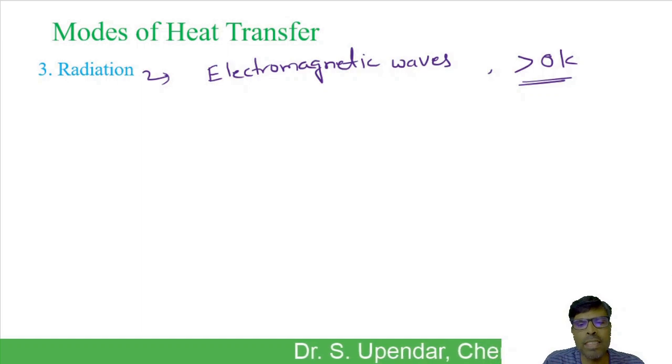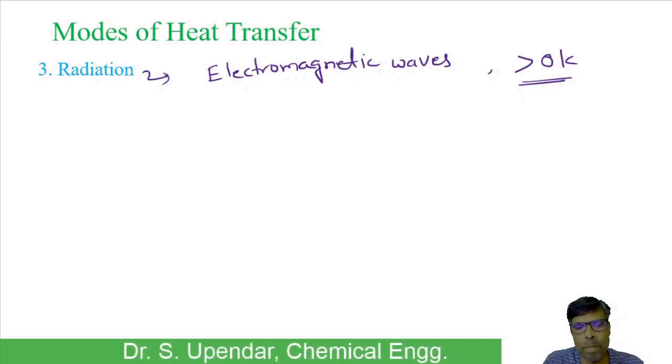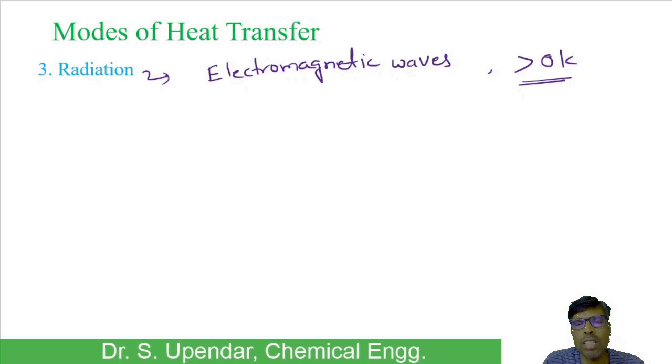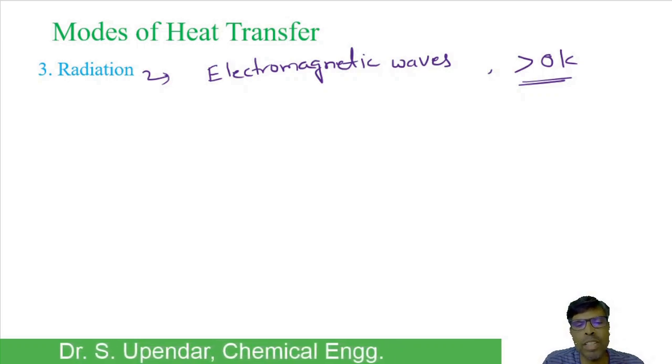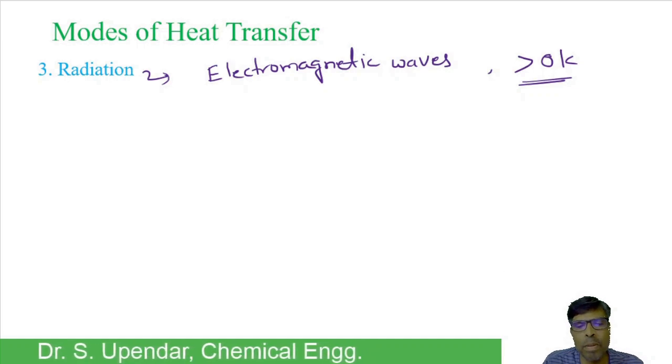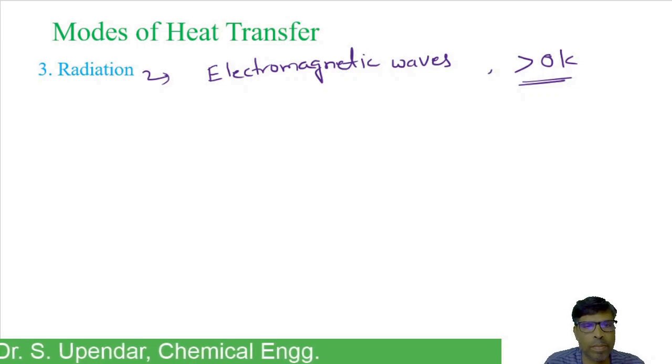The propagation of this electromagnetic radiation is due to the temperature difference, then it is called thermal radiation. Thermal radiation ranges in wavelength from the longest infrared rays through the visible light spectrum to the shortest ultraviolet rays. The range of thermal radiation is between 0.1 to 100 micrometers.